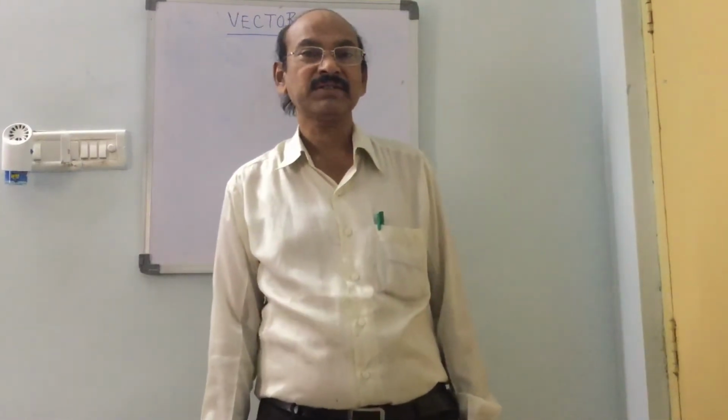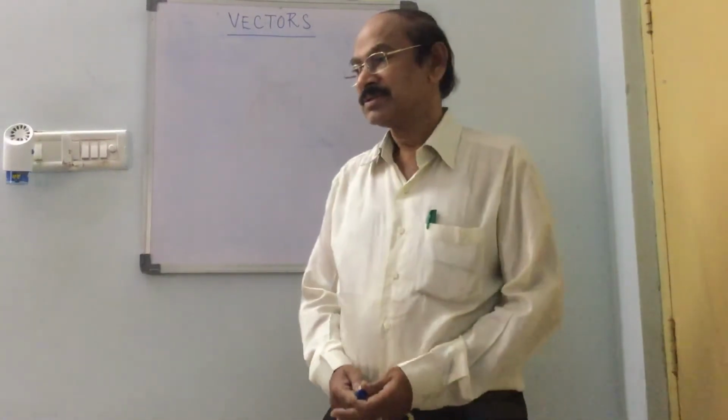Today we are going to know about the elements of vectors. We know that physical quantities are divided into two types in the units chapter, that is fundamental physical quantities and derived physical quantities.